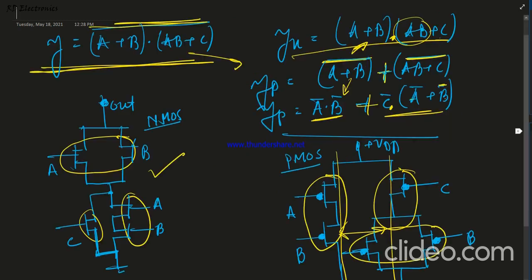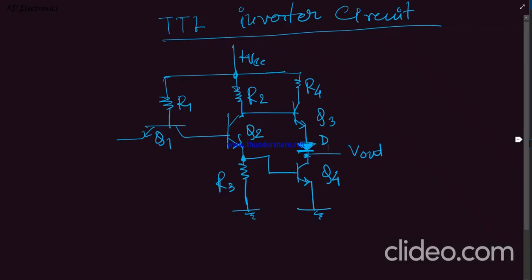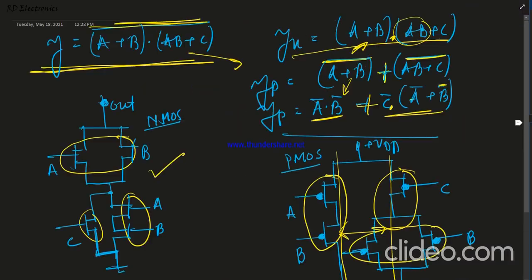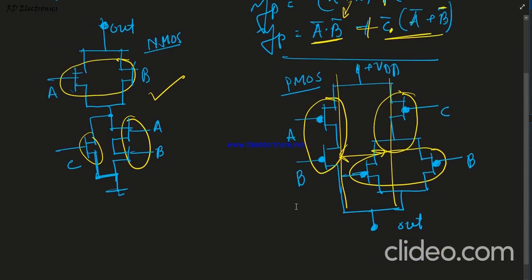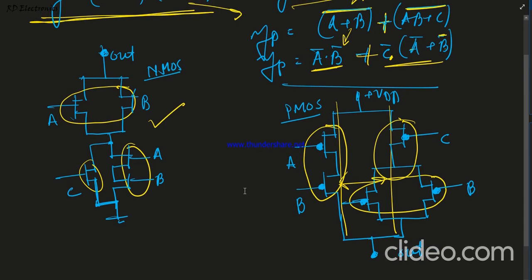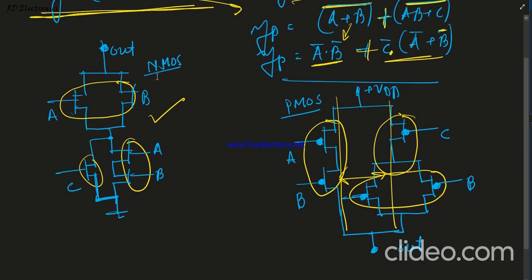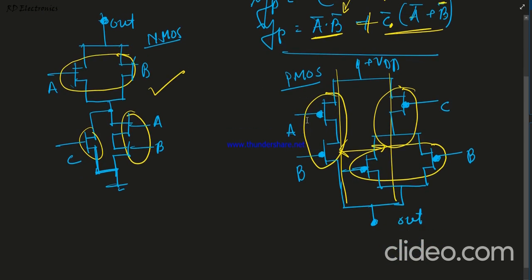So now how is it possible? Students, it is your task to design the whole circuitry. First of all, I tell you, this is a PMOS equivalent and this is an NMOS equivalent. So how to design CMOS?